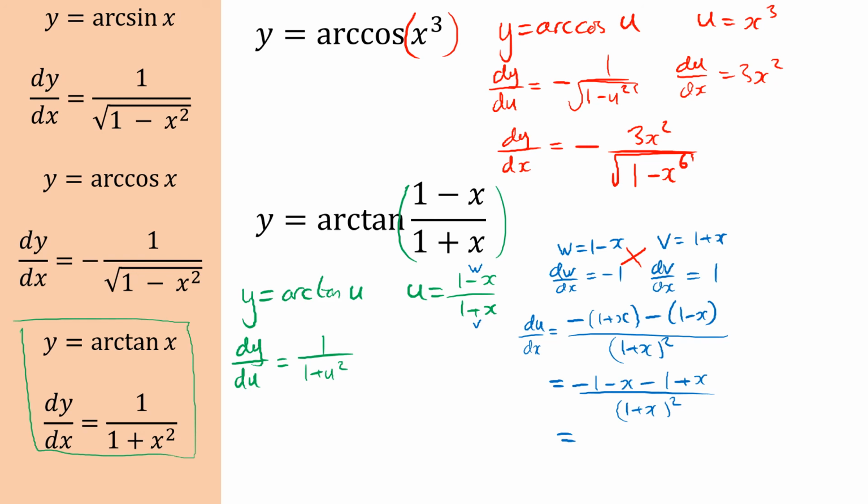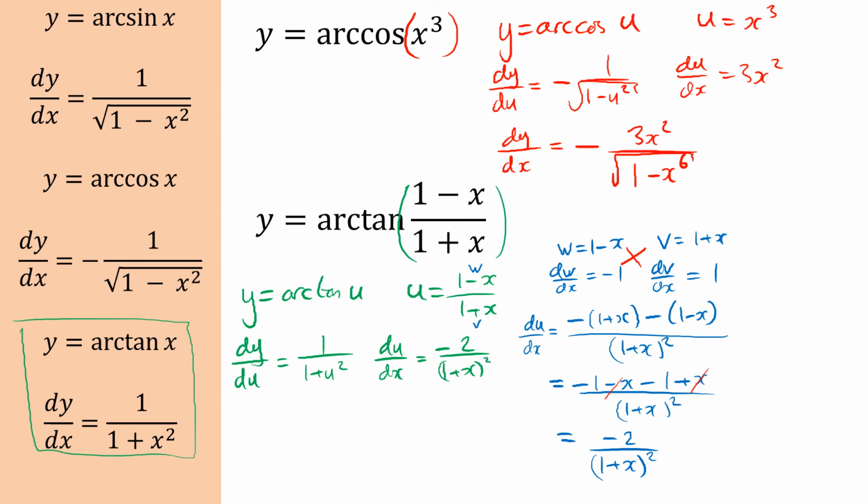And that would simplify, well, the x's would cancel out, so we'll end up with minus 2 over (1 plus x) all squared. So we can now go back to the actual differentiation, still in progress, and we can sub in minus 2 over (1 plus x) all squared. Okay.